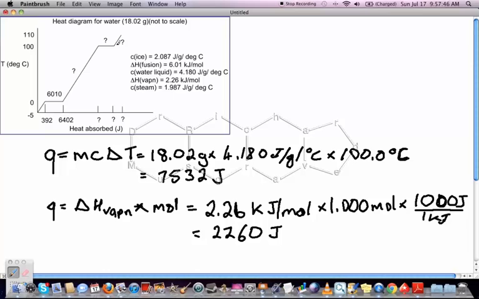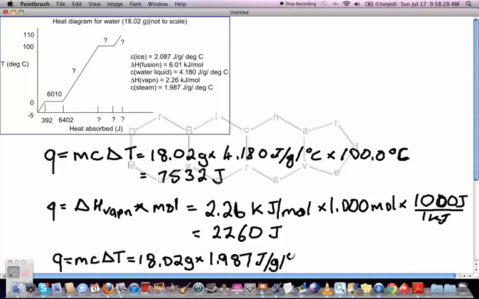Alright, now we have to look at how much energy it's going to take to turn that steam from 100 degrees into 110 degrees. And again, we're going to use the Q equals mc delta T for that. And the mass is still 18.02 grams. The C is going to be the heat capacity of the steam, in joules per gram per degree Celsius.